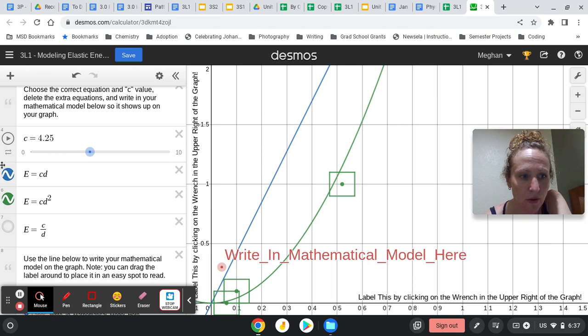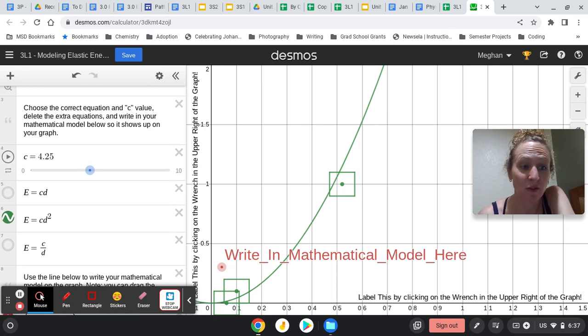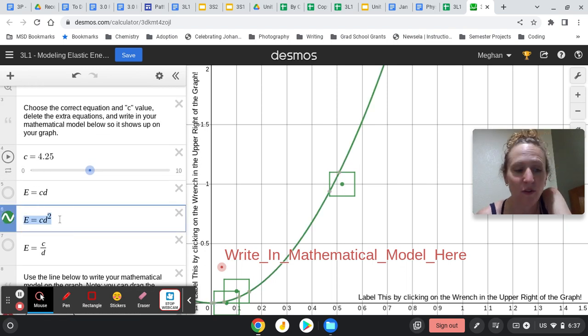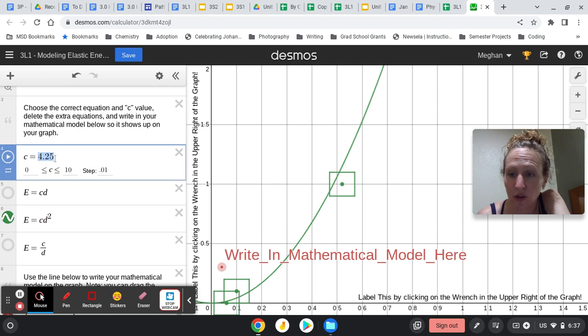So let's go with green. That means we have chosen a pattern. Not only have we chosen a pattern, we now have our equation for elastic energy, and we have our C value for our elastic cord that contains 2 cords.